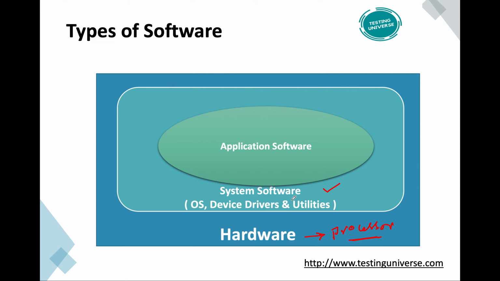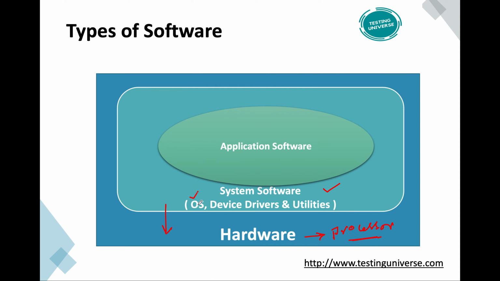What are these system softwares? If you want to send instructions to this particular hardware, for example to the processor, you need to have certain software. Those are called system software. That means they are going to interact with the hardware system.